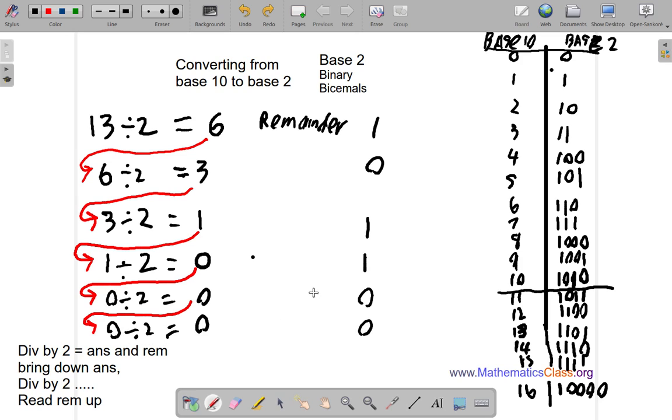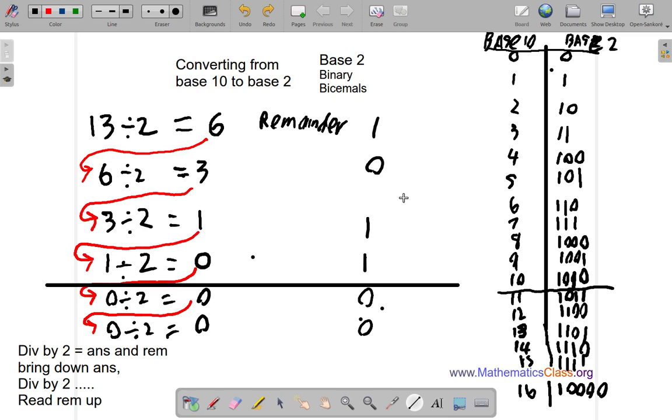But wait, aren't we just repeating ourselves, wasting time and ink and energy here? We're going to keep getting 0, so it doesn't make sense going beyond this point. Once you get an answer of 0, that's where you stop, because you're going to keep using the same 0 and keep getting zeros. Doesn't make sense to go on any further.